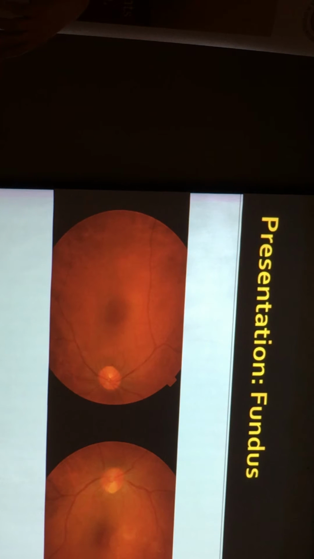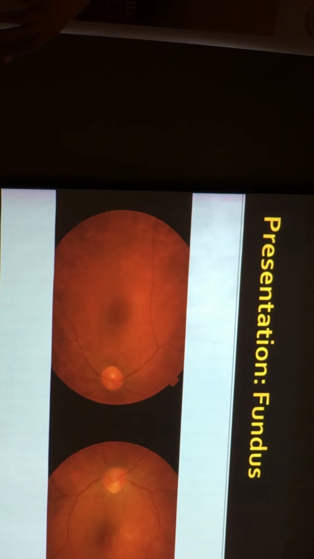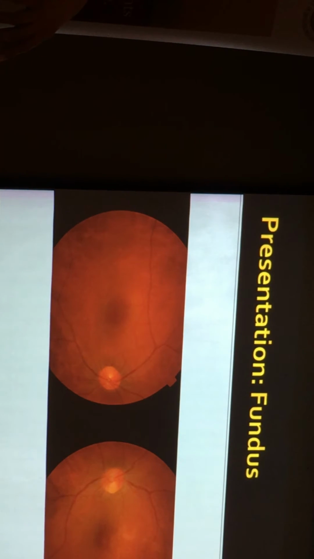Some of the positive points from the history and from the picture: he gave a history of scotoma, and as pointed out, there was a history of larva migrans. Here we can see in the left eye there are multiple whitish grey lesions, and mild temporal pallor is also there in the left eye.